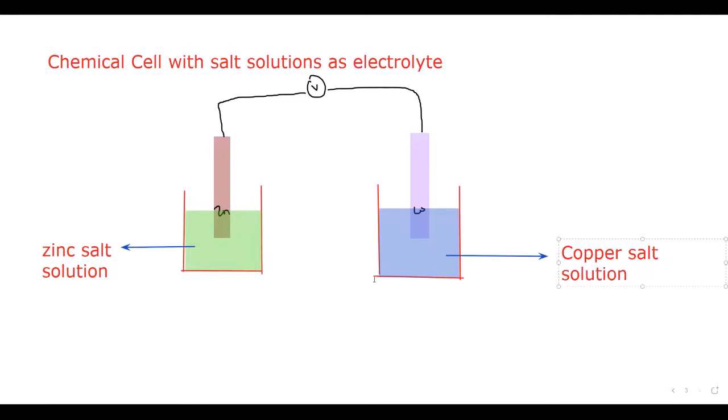It can be any copper salt solution, but because all nitrates are soluble, we prefer to use nitrate salt. So this can be zinc nitrate and this can be copper nitrate. But even copper sulfate can be used here because copper sulfate is also a soluble salt.